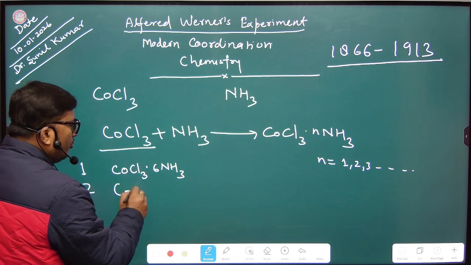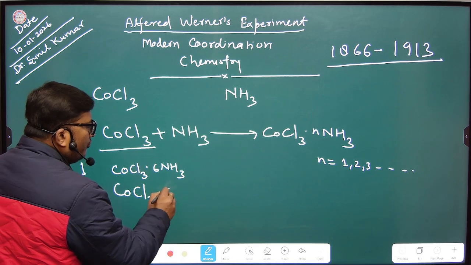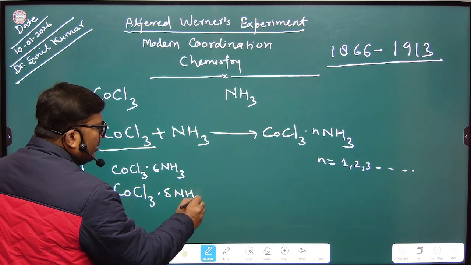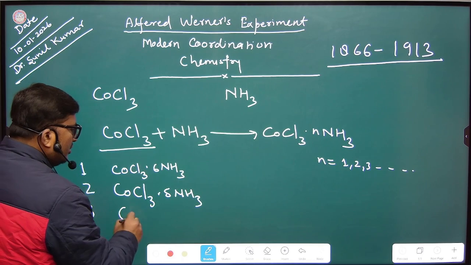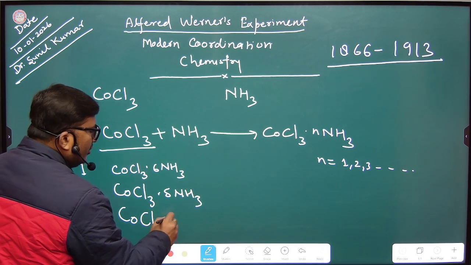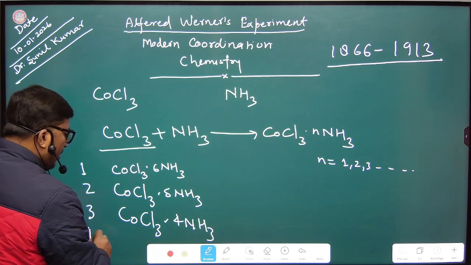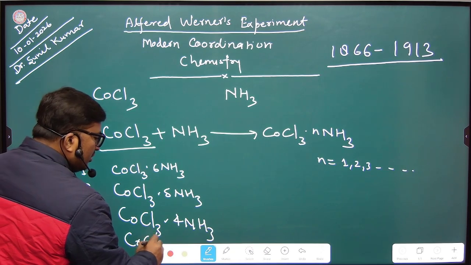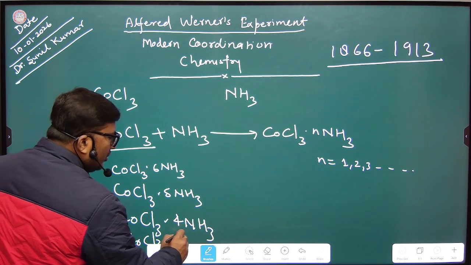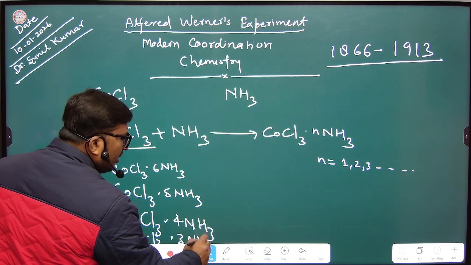and the second compound, CoCl3·5NH3, and the third compound, CoCl3·4NH3, and the fourth compound, CoCl3·3NH3.